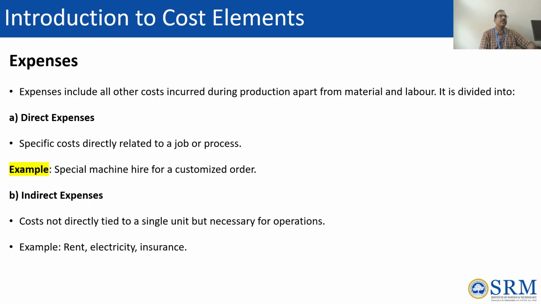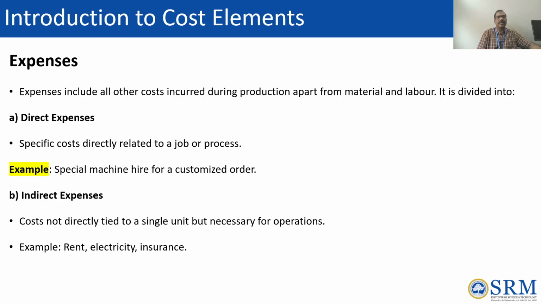In direct expenses, for example, if we have a special purpose machine and we are renting it for doing some task on the product, the rent we pay for that special purpose machine is a direct expense, because the machine does a direct activity on the product from raw material to final product.